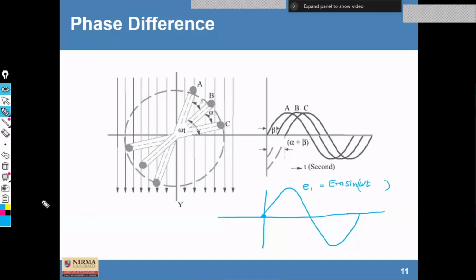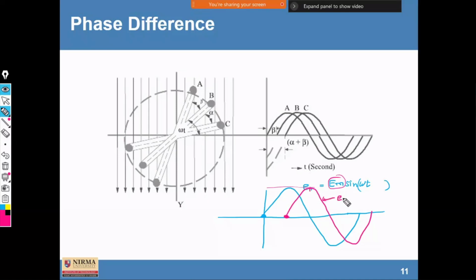Now, if another quantity is acting in the same plane but with some angle, and the magnitude is the same, it means Em is the same. So here we can write E2 is equal to Em sine omega t minus phi, because the amplitude is the same and this quantity lags by an angle phi, where phi is the phase difference.